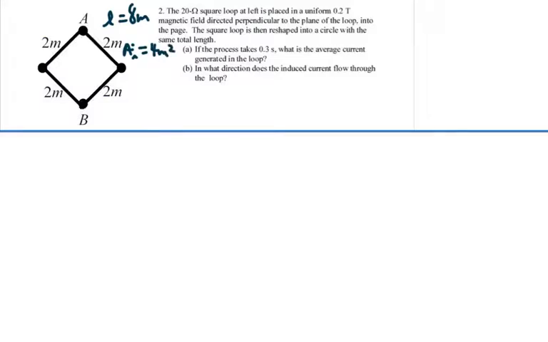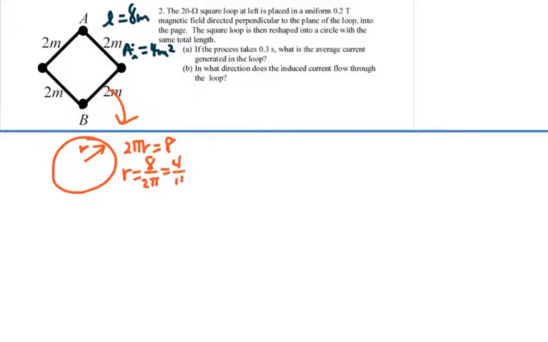And then we're going to reshape this thing into a circle of radius r. Our circumference of that circle, 2 pi r, will still be 8 meters. Perimeter will still be 8. So r is going to be equal to 8 divided by 2 pi, which will be 4 divided by pi.